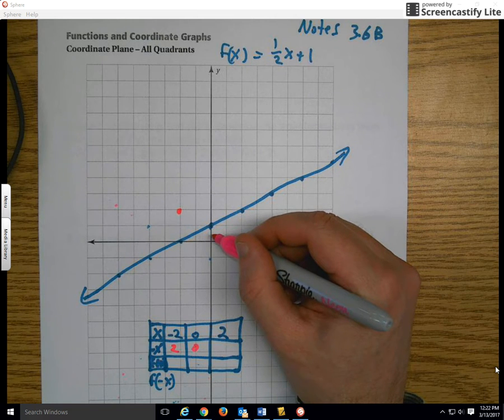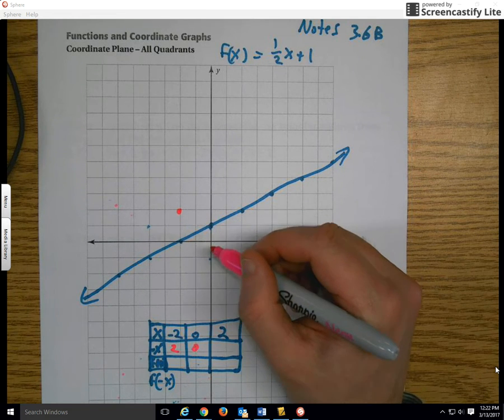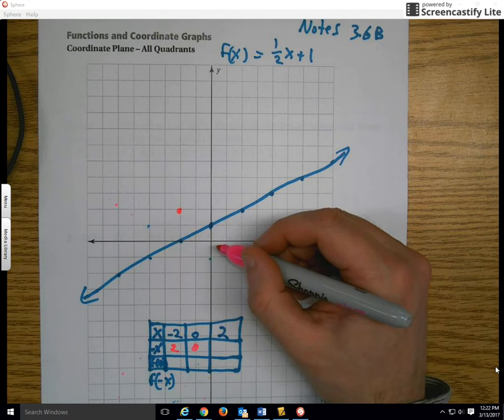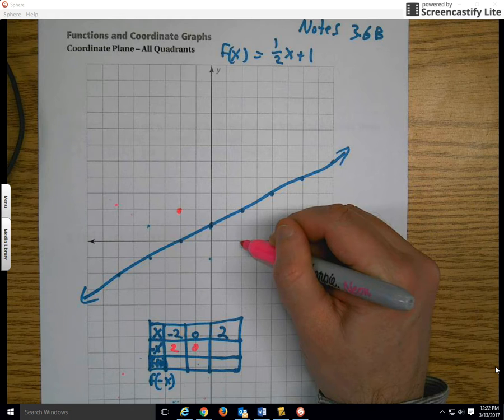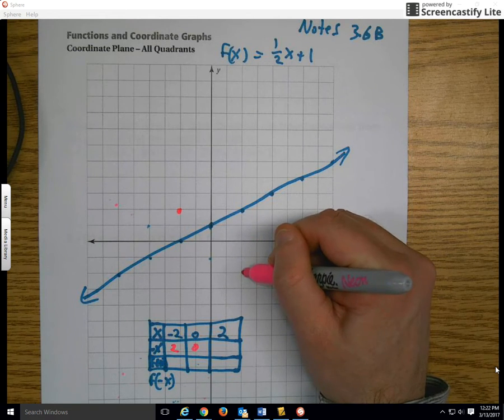And then if x were a 2, you multiply that by a negative, it would be a negative 2.